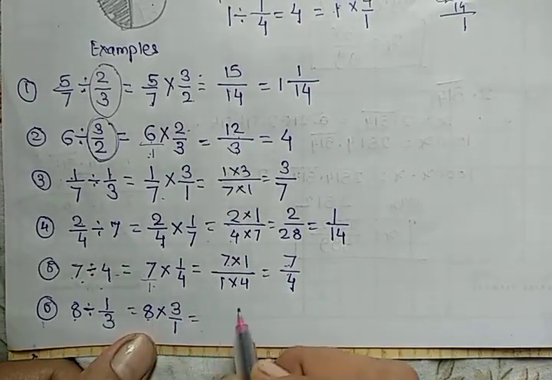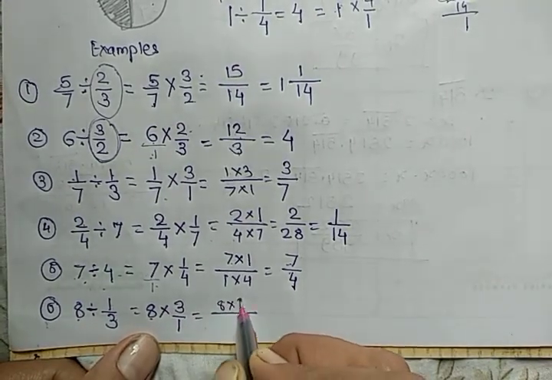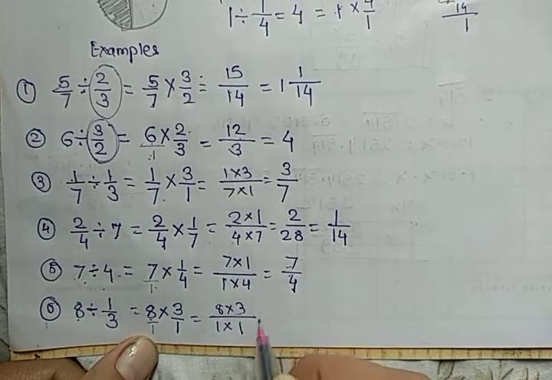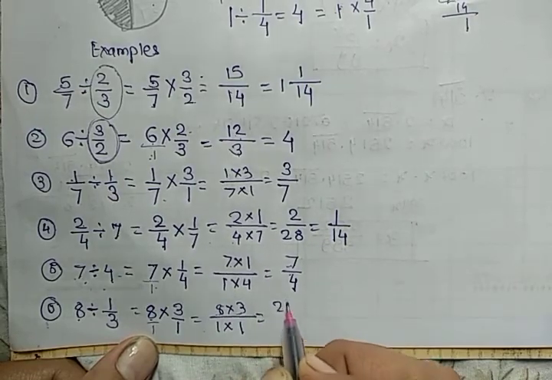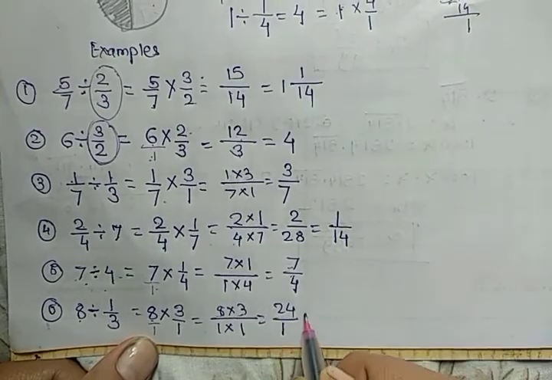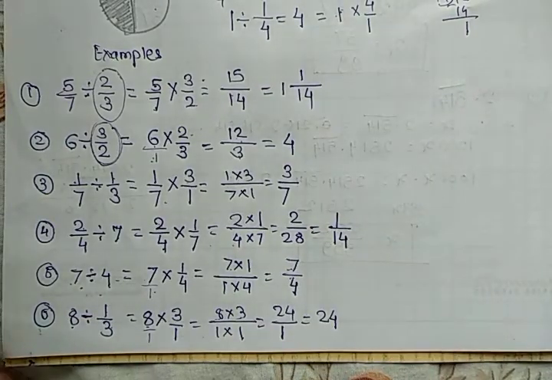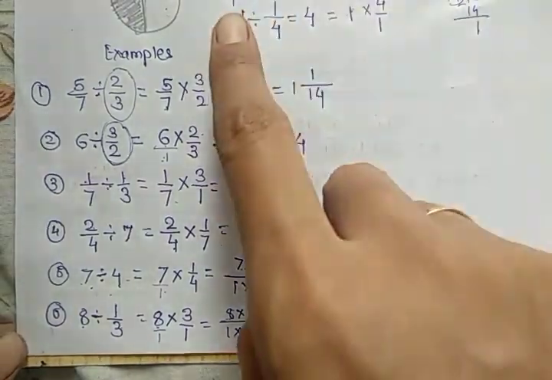So write the multiplication of numerator with numerator, and here there is no denominator, it means there is 1. So in the denominator, 1 into 1 is 1, and 8 threes are 24. So the answer is 24. Now write down these examples.